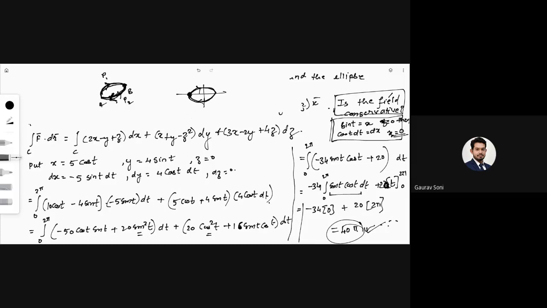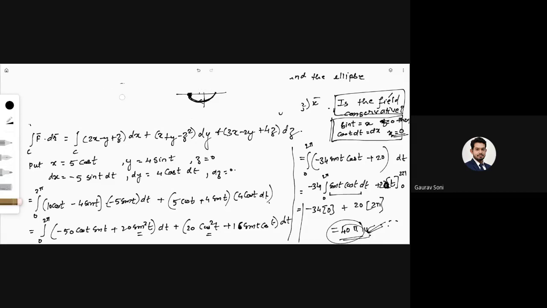So work done for a conservative vector field, for a complete ellipse, that has to be zero. If this answer turned out to be zero, then I can say that yes, it is a conservative vector field. As this work done is non-zero, the vector field is not conservative.